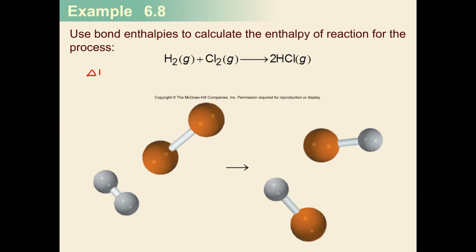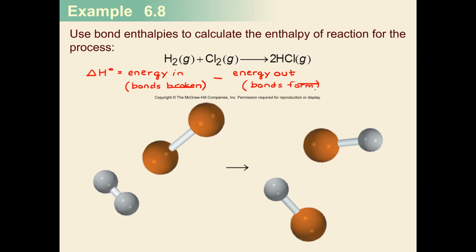So that's delta H of our reaction is equal to our energy in, which is our bonds broken, minus our energy out, which in this case is going to be bonds formed.